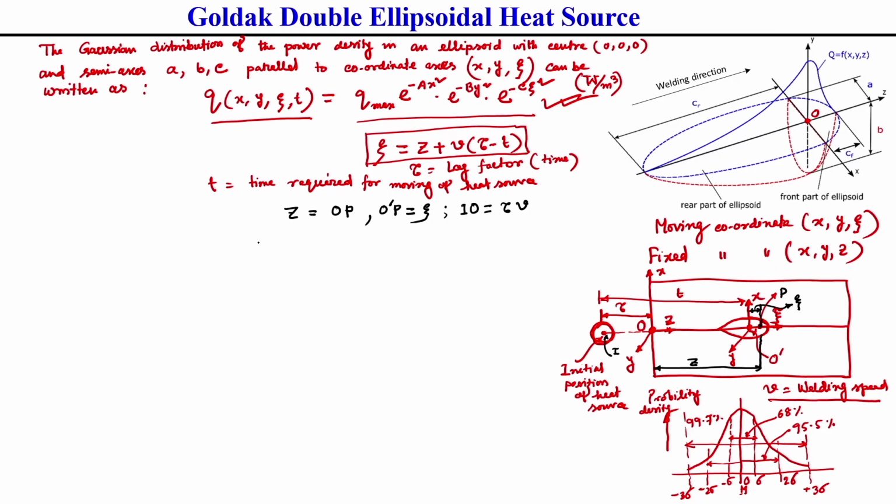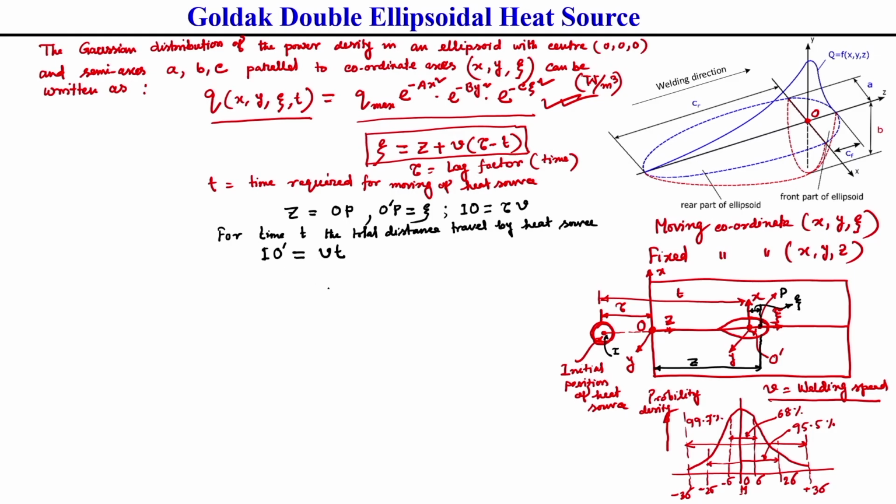For time T, the total distance traveled by the heat source, you can write as I into O dot. So, I into O dot is V into T, correct.